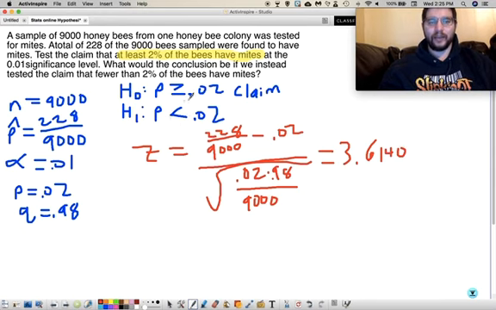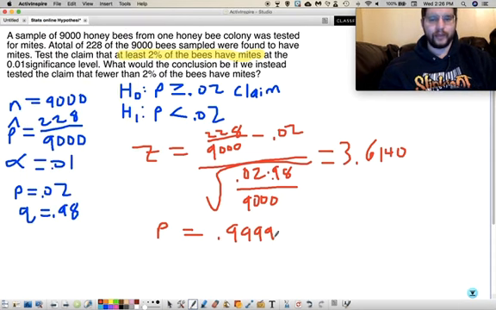So this time we're dealing with a left tail. Again, we don't care where the claim is for the tail. The tail is always from the alternative hypothesis. So the area to the left of 3.6 is going to be that. Is this positive? Yeah, it's positive.